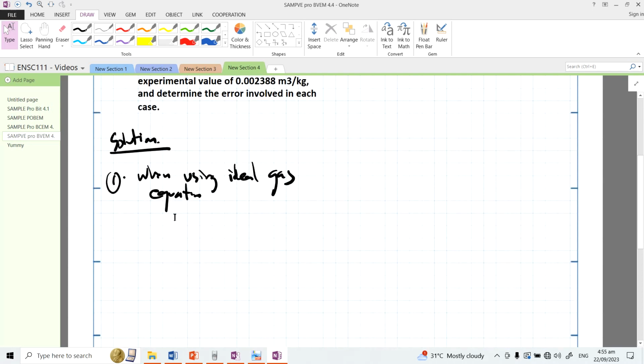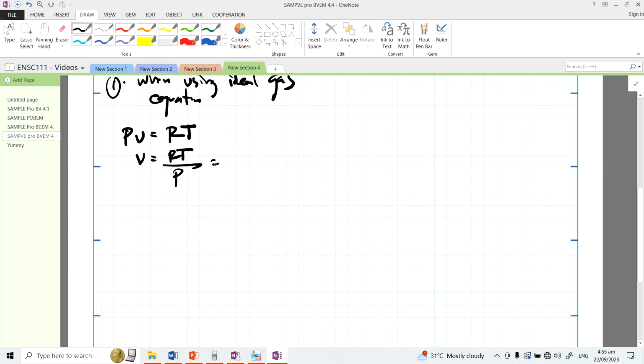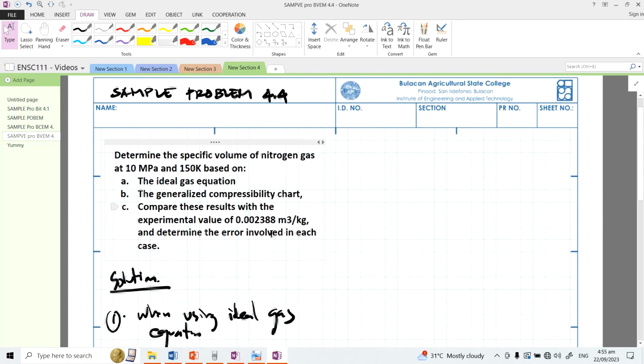So PV is equal to RT, so V is equal to RT all over P, and we have to find R for nitrogen gas.